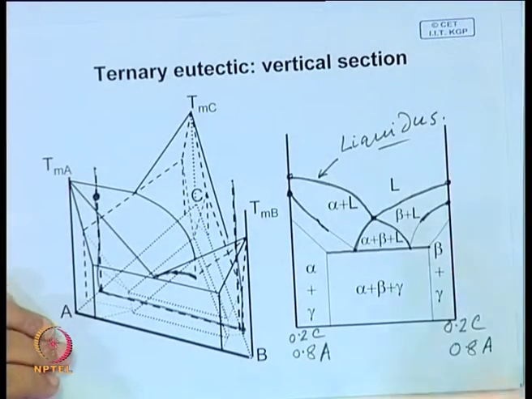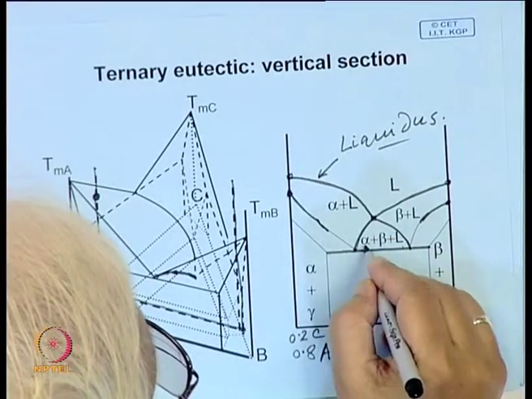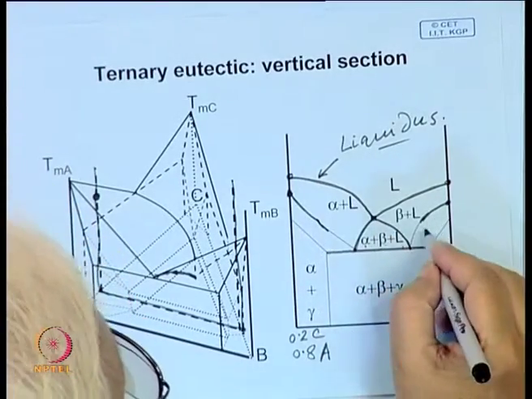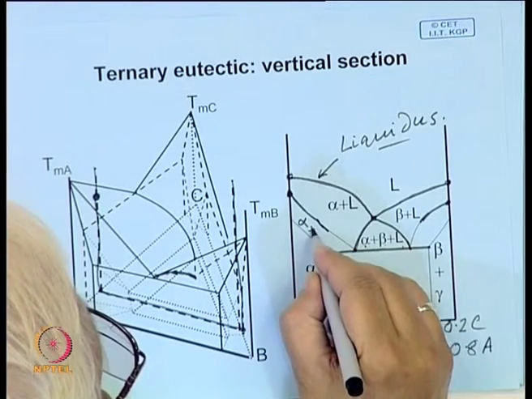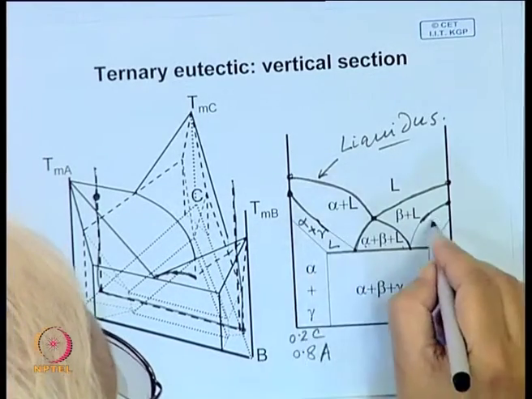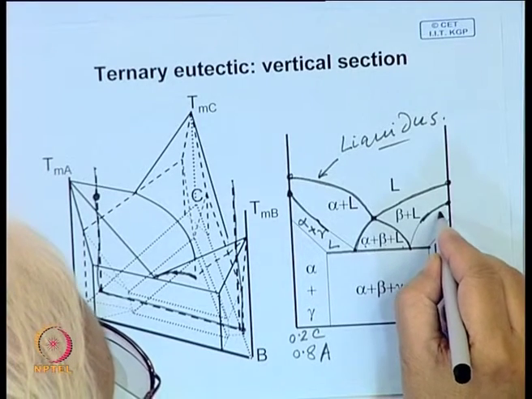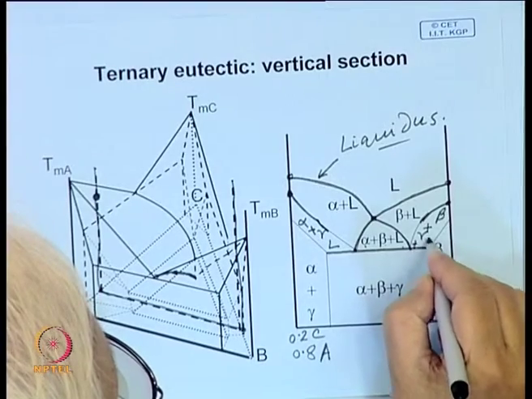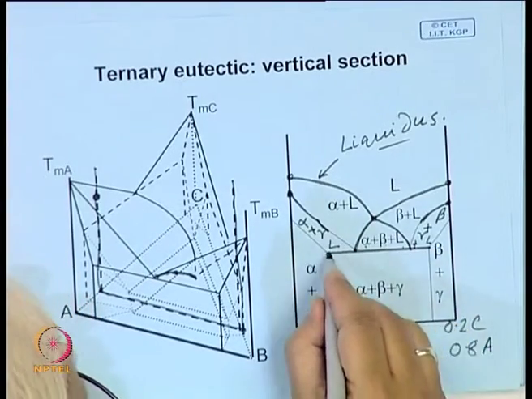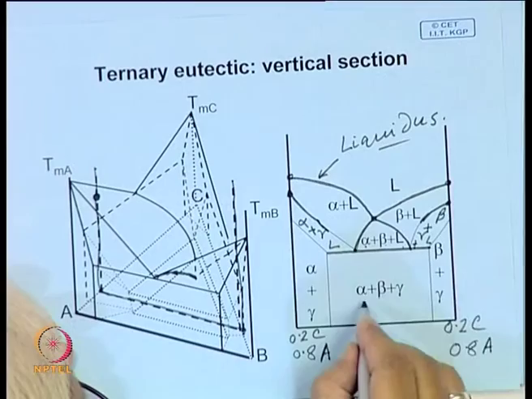and which is what is drawn here: alpha plus beta plus liquid, this is that, and this side will be alpha plus gamma plus liquid, this side will be beta plus gamma plus liquid, and this is that eutectic reaction isotherm.